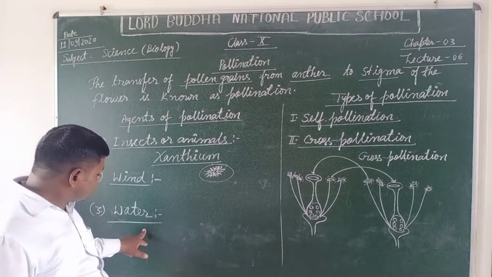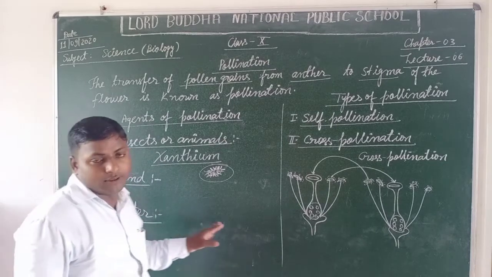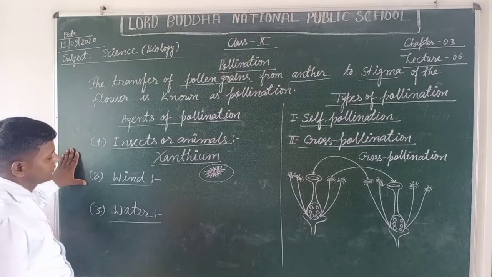In this type of cross pollination, water plays an important role. That's why water is also known to be an agent of cross pollination.